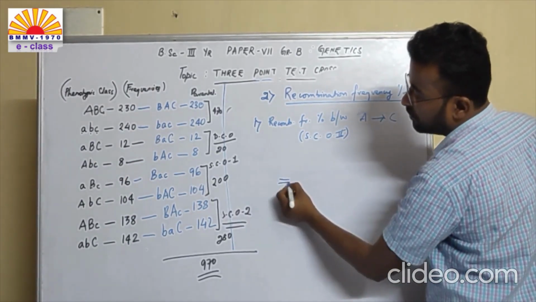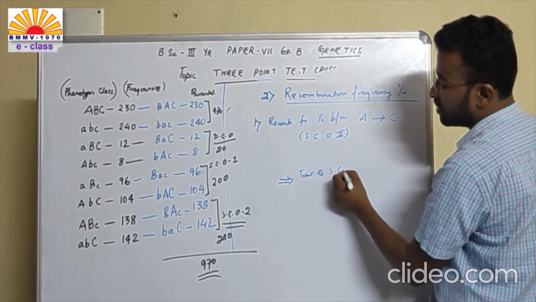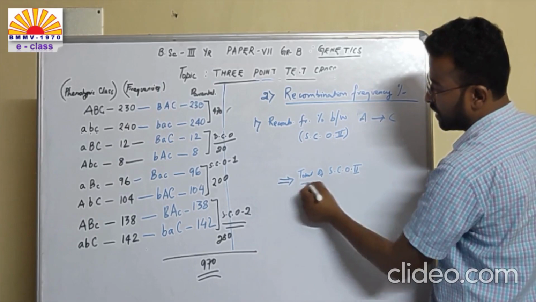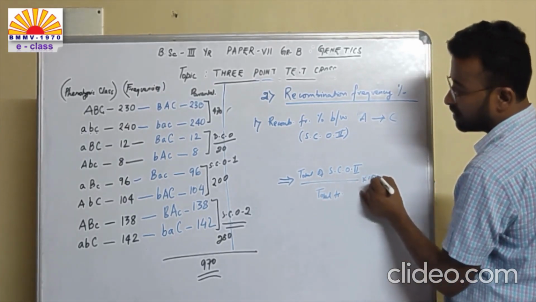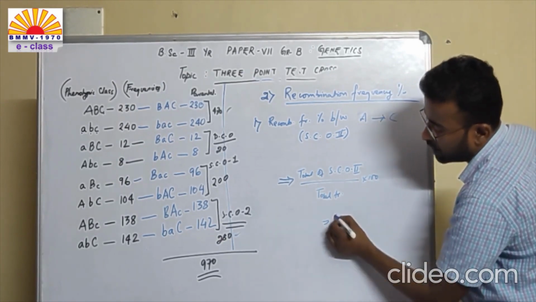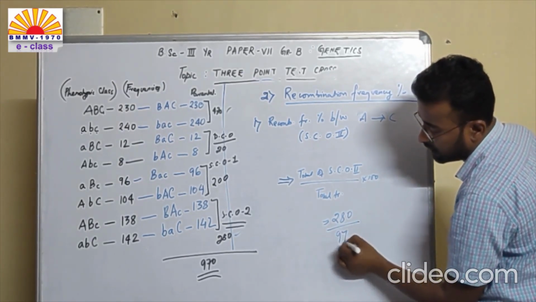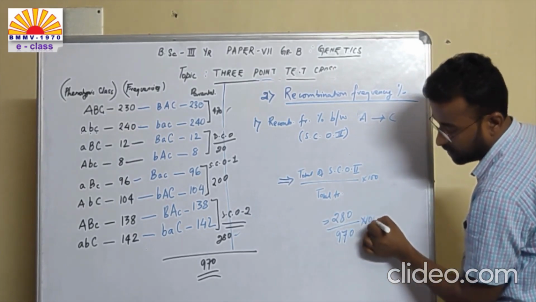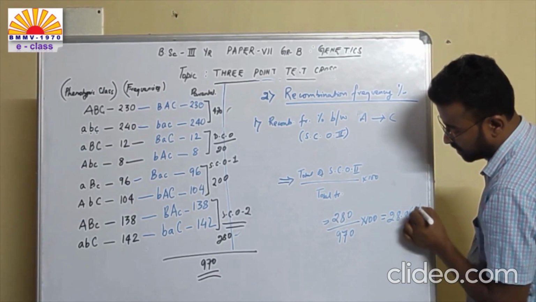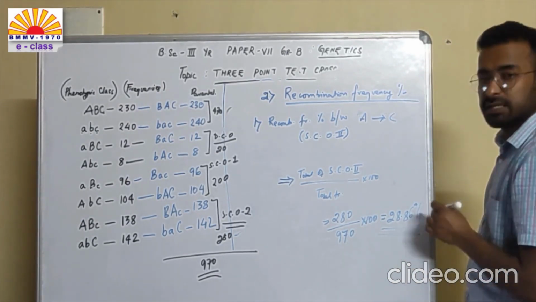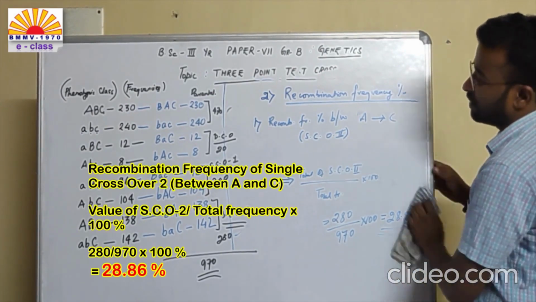So by putting in the formula, total of single crossover 2 divided by total frequency into 100 will give you 280 divided by 970 into 100, which is equal to 28.86%. Okay, this is how recombination frequency for single crossover 2 is found out.